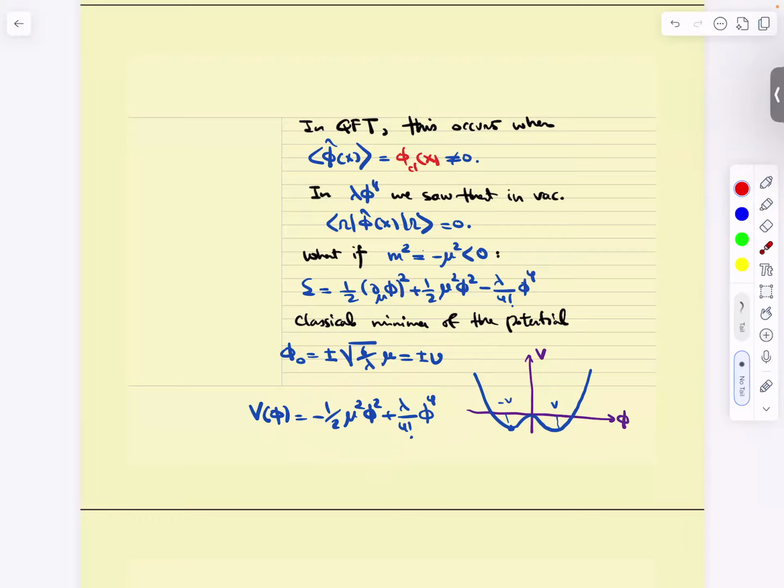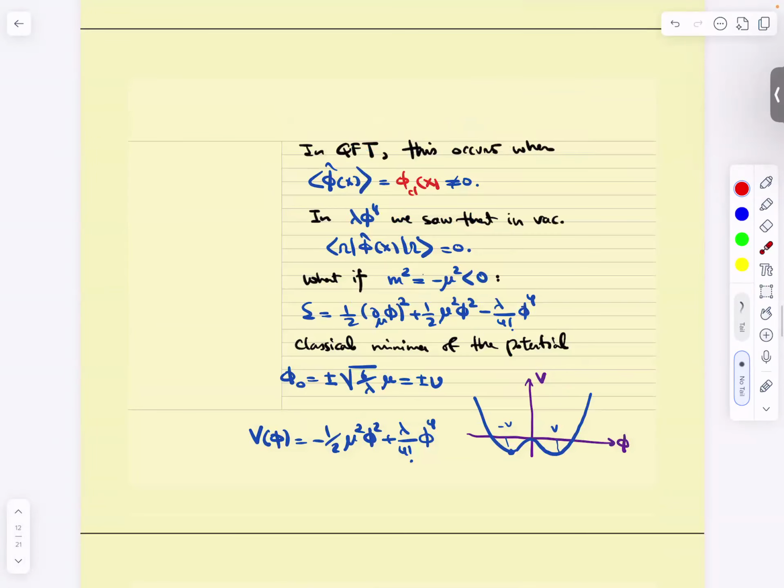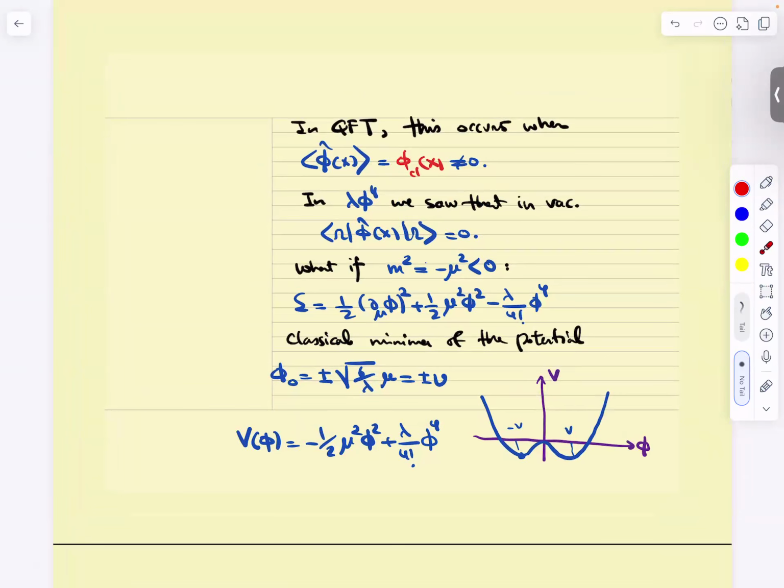Also recall that the Ising model in the continuum limit, at least in 1D, was nothing but scalar fields here, right? All right, good. So now, here is the funny part. There's an energy barrier here, right? Let's say you're sitting down here.